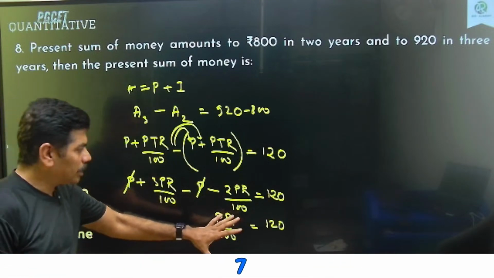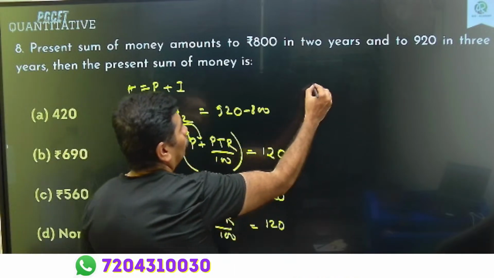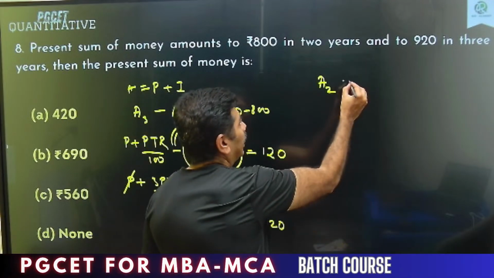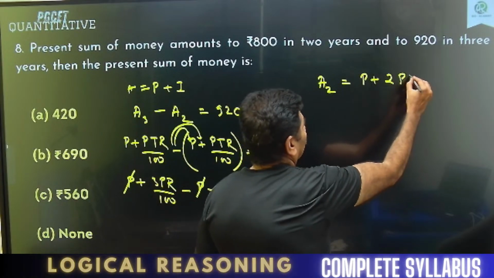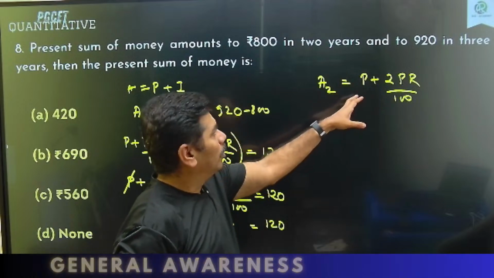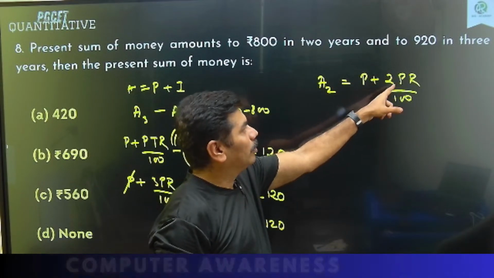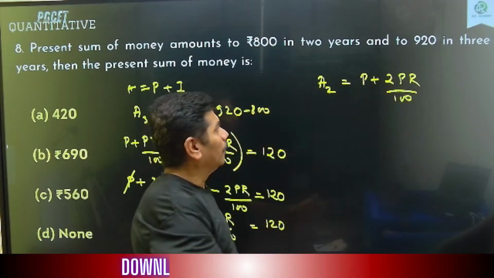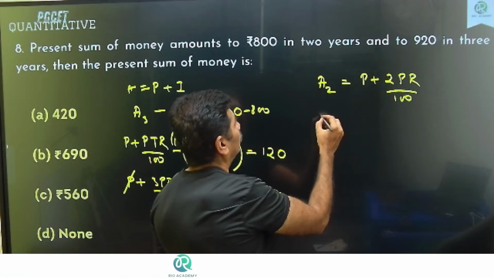Let's use this value further. Now if you take the amount at the end of 2 years, that is A2. A2 is nothing but P plus 2 PR by 100, that is principal plus time 2 and PTR by 100. Now you know the amount at the end of 2 years.